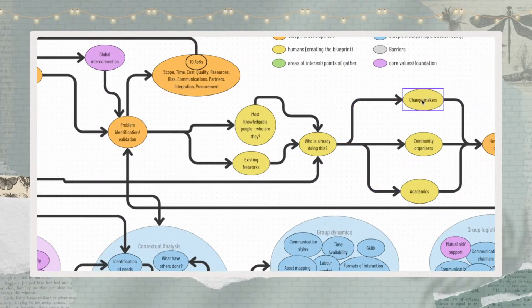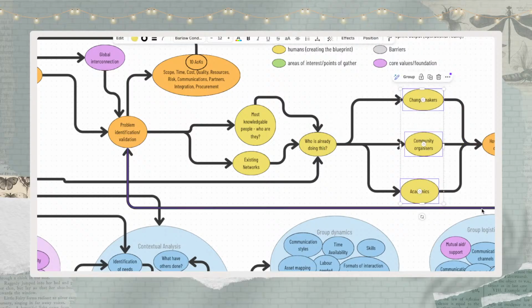From there, we identified that these could be change makers, community organizers, academics. And as we mentioned before, this is not an exhaustive list. There are going to be other people. When we're looking at who is already doing this, categories will expand. There will be other people that come into this, but these are the ones that came up during our brainstorm.